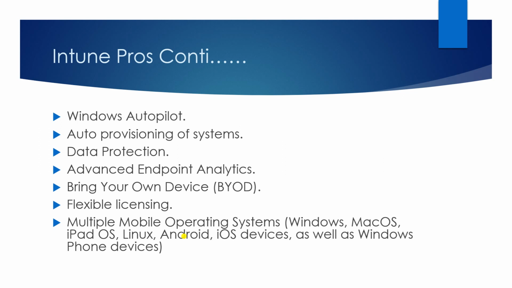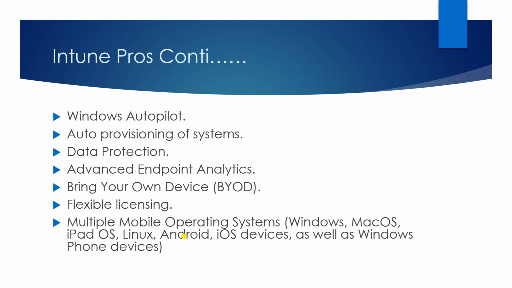Basically, Autopilot clubs multiple technologies together to deploy or ready the operating system. I can't say it deploys the operating system, because Intune is not deploying the OS. Auto provisioning of the system is part of Autopilot only.